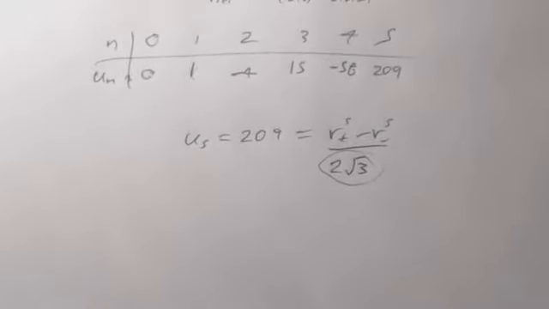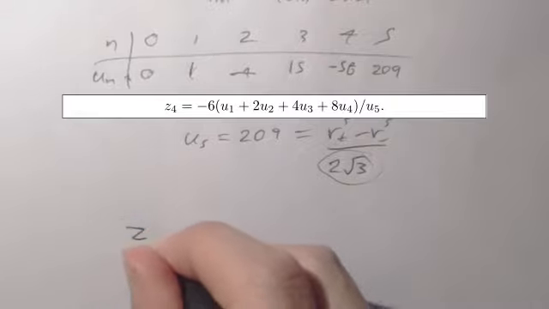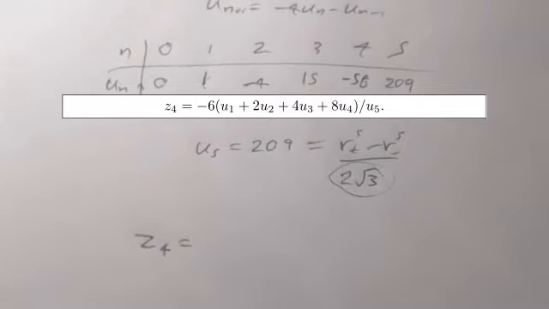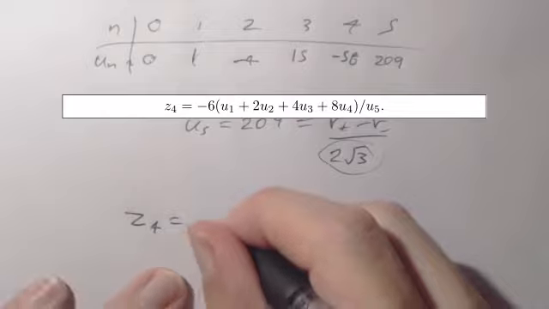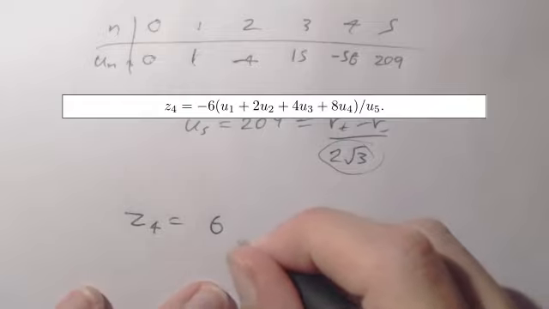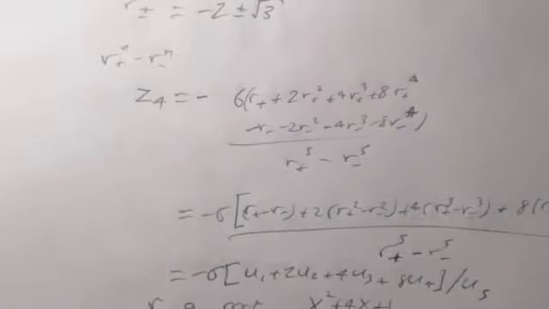So, well, let's do it. We've got all these numbers. So Z4 is going to be equal to, would be minus 6 times. Is there a minus? Yep, there's a minus.